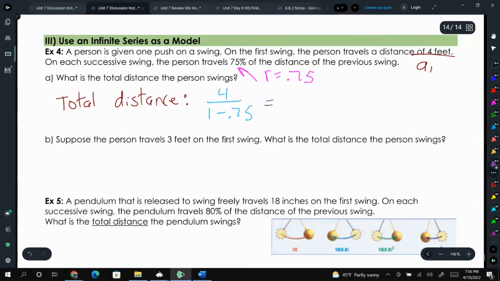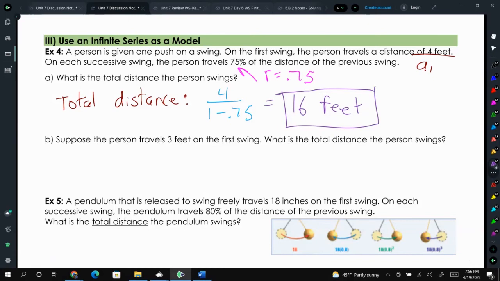And if we type that into the calculator, you're going to get 16 feet as the total distance, because they started off with 4, and they travel 75% of that, so it was less than 4, and then 75% of that, which would be even smaller, and eventually it would approach 16 feet.